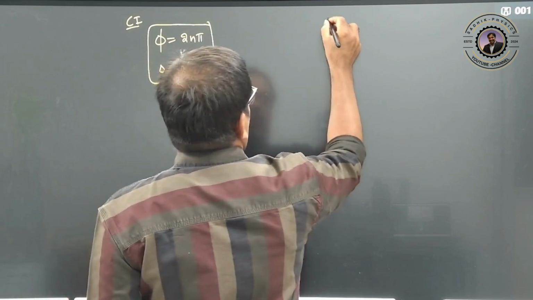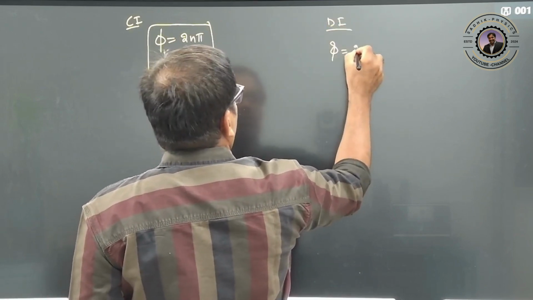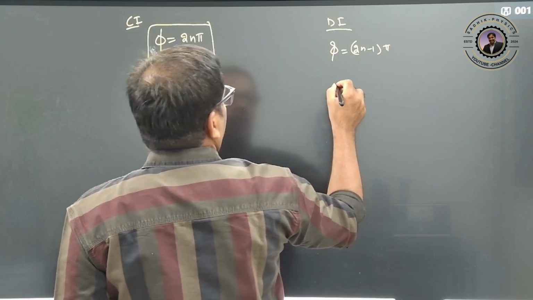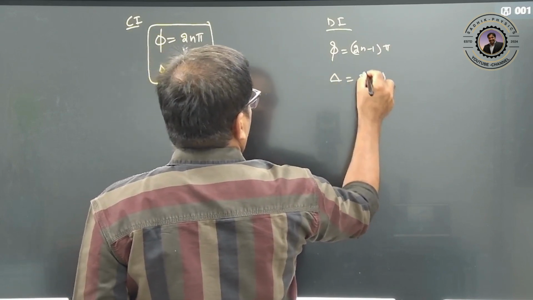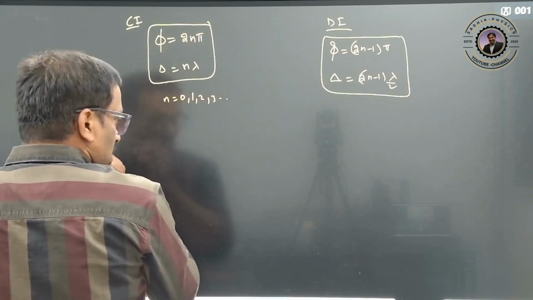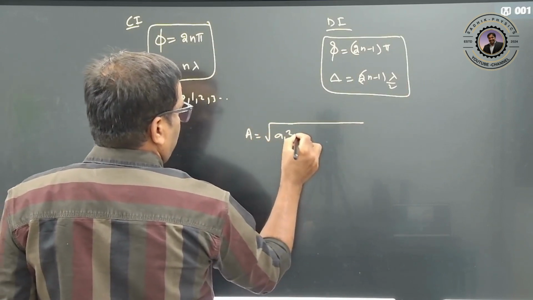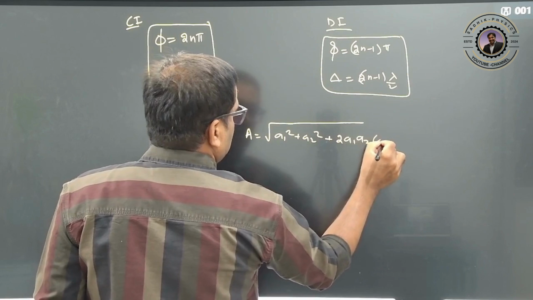For destructive interference, the phase difference is 2n minus 1 into pi, so the path difference is 2n minus 1 into lambda by 2. And the amplitude is root of a1 square plus a2 square plus 2 a1 a2 cos phi.